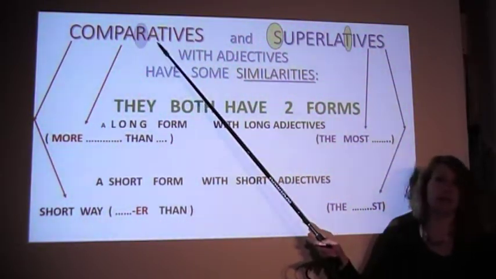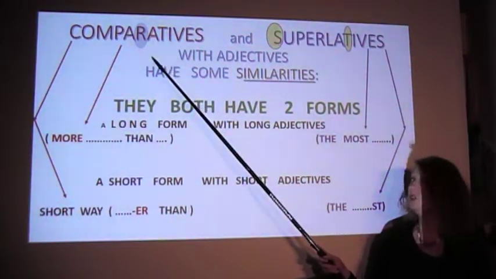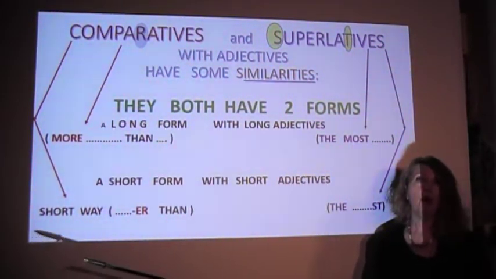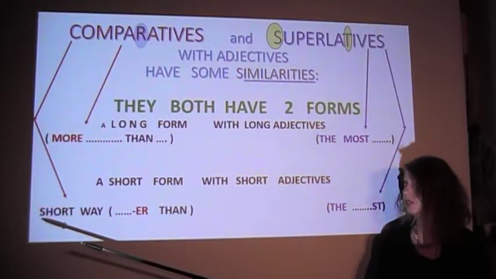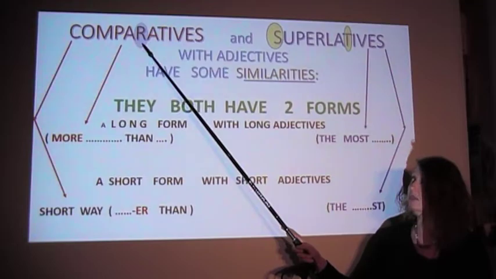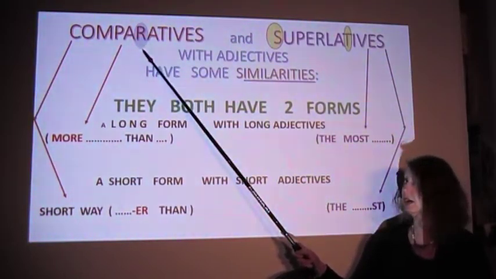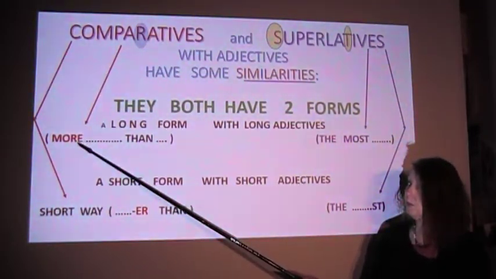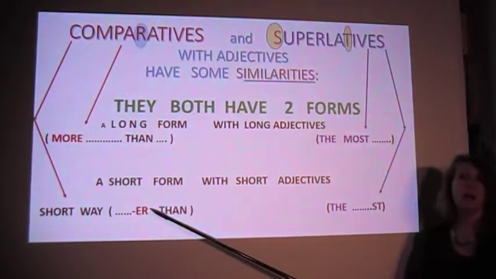I have highlighted the letter R here to help you to remember which one to choose when you have to translate, because comparison, comparative, majority, you have the R here, and more and er.